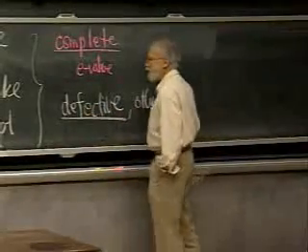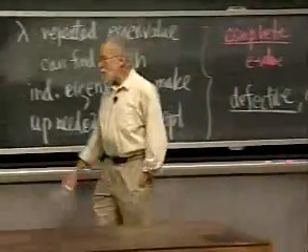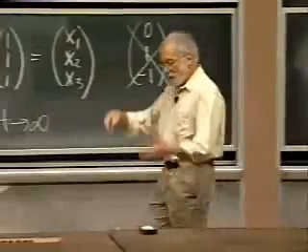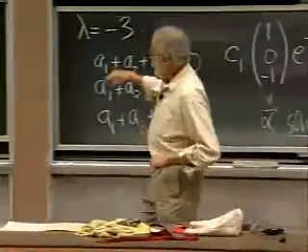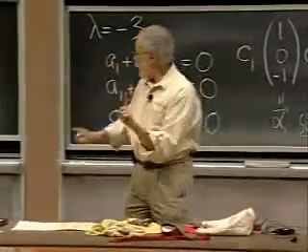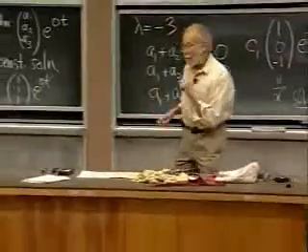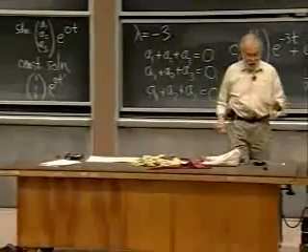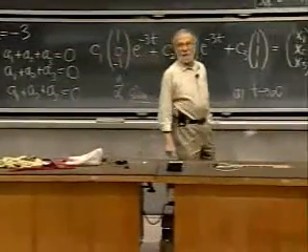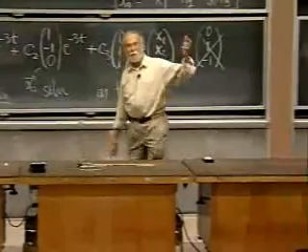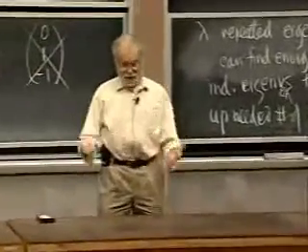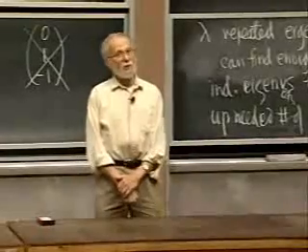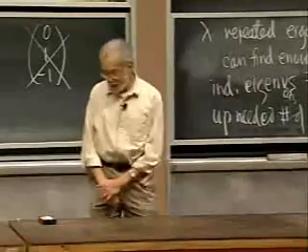So a defective eigenvalue is one where you can get one eigenvector, but if it's a double eigenvalue, it's defective if you can get one eigenvector that goes with it, but you cannot find an independent one. The only other ones you could find are multiples of the first one. Then you're really in trouble because you don't have enough solutions, and you've got to do something.